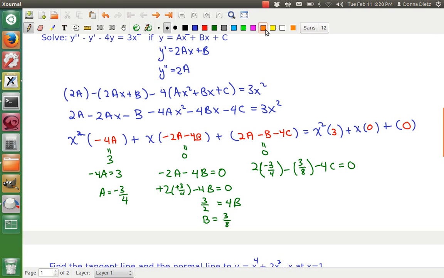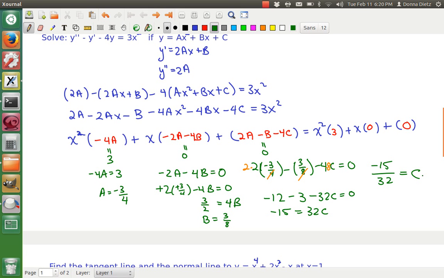By multiplying everything by 8, I get an extra 2 here, get rid of the 8, multiply by 8 in here. And so then I'm going to get 3 times 4 is 12, minus 2c equals 0. Negative 15 equals 32c. So minus 15 over 32 equals c.